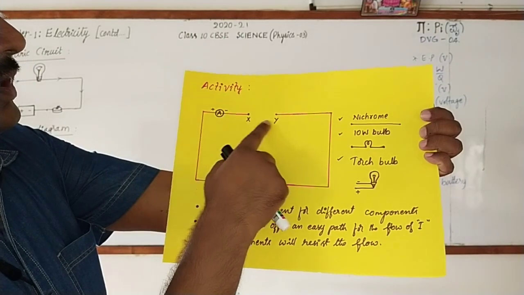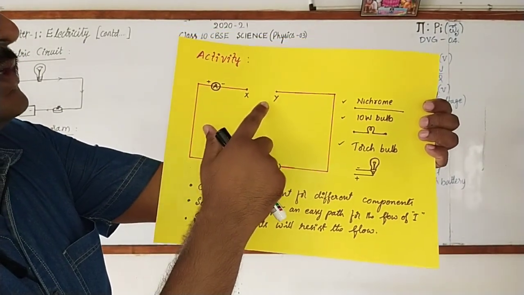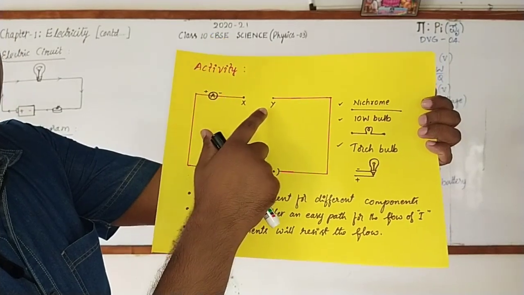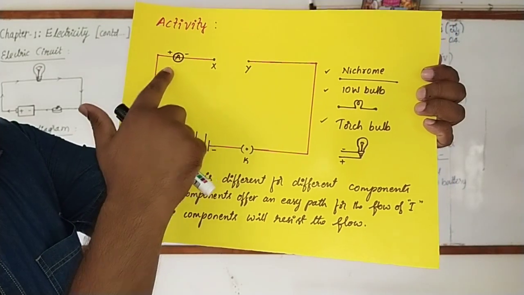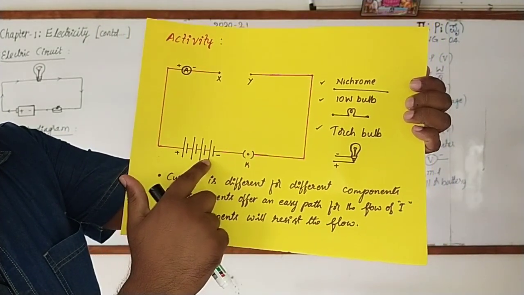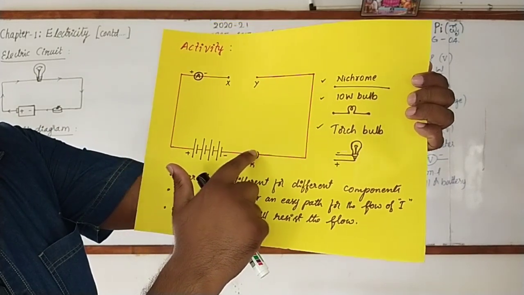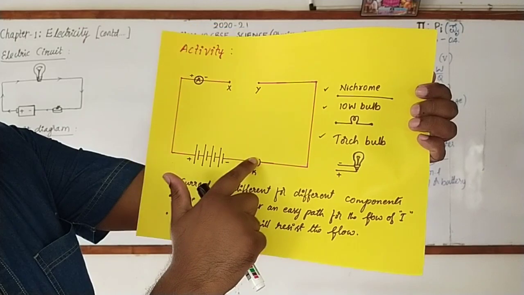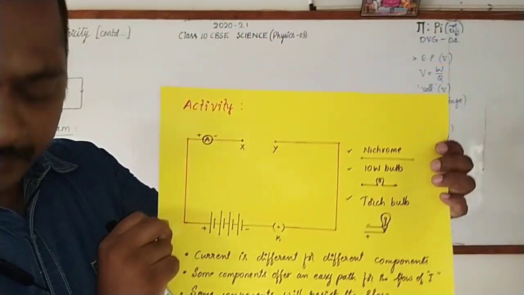See that, here X and Y is a place to connect the electrical component. Now we have used wire, then an ammeter is connected, then a battery, a combination of 4 cells, and here is the switch. The switch should be open because the circuit is not closed.